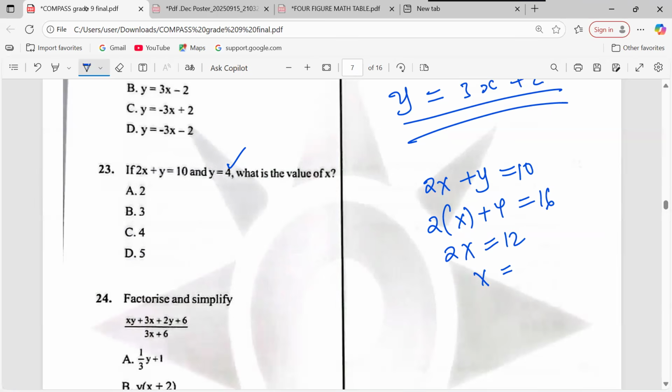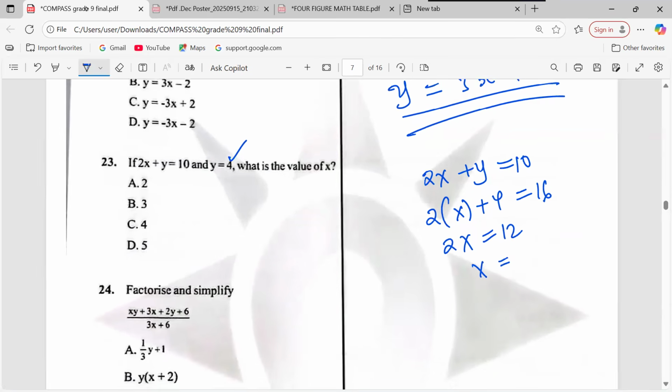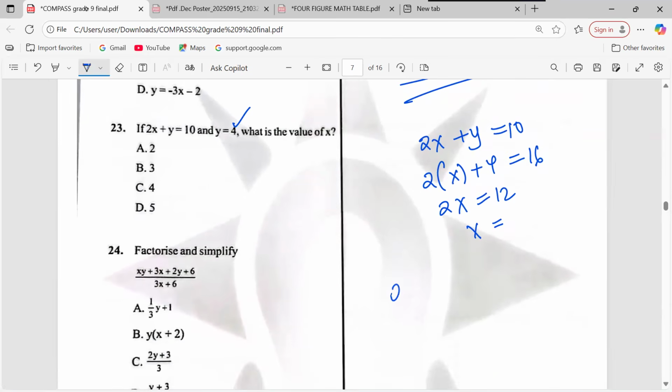We should take it slow at that point. Y equals 4. So 2x equals 12. I want to check whether there could be something that we are not multiplying well. 2x plus y, the value of y is 4.